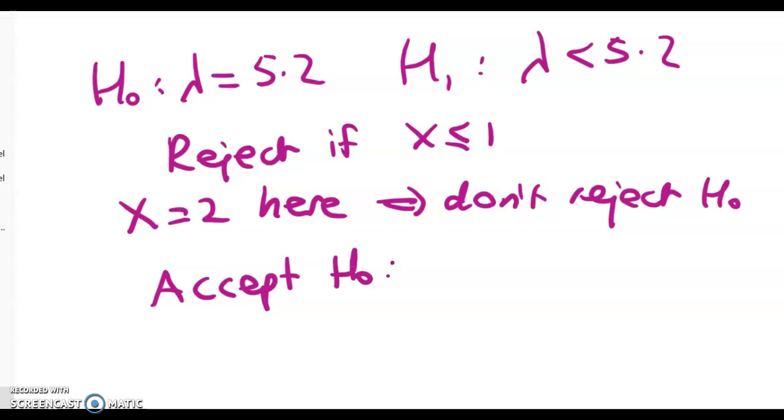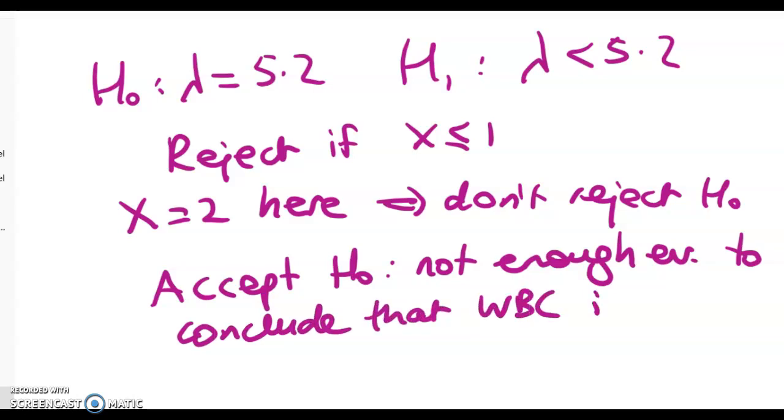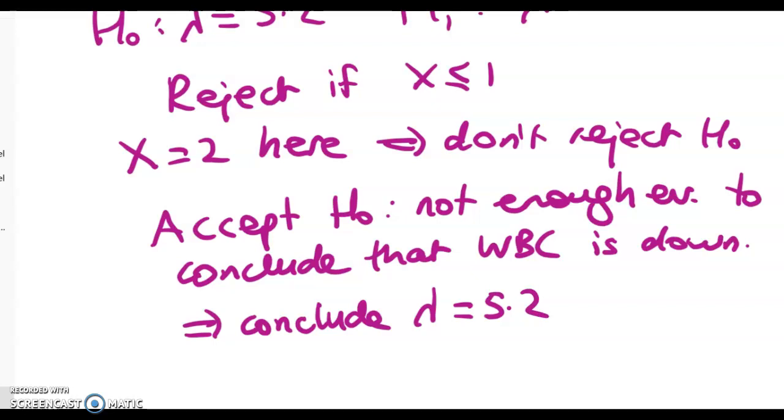We haven't got enough evidence to conclude that the white blood cell count is down. So conclude that lambda is equal to 5.2. Okay, so you can see when we've got a Poisson question, we have to do this using a rejection region.